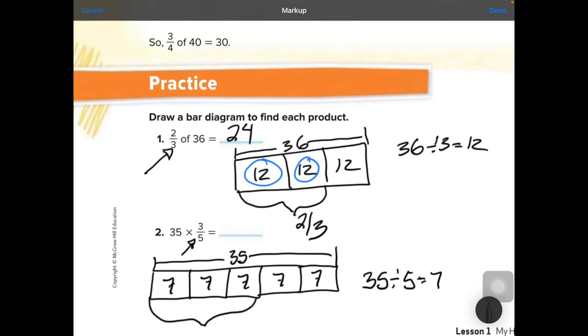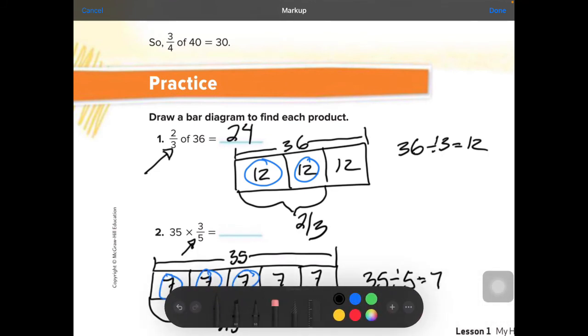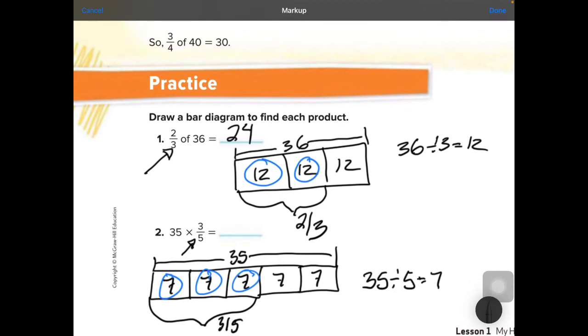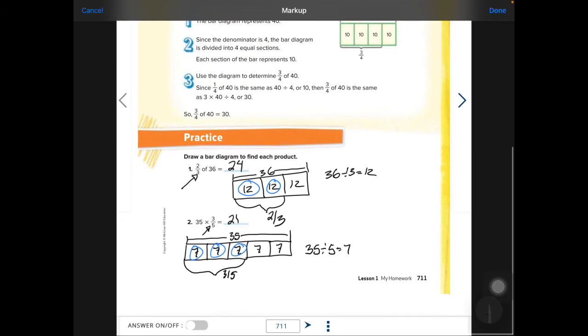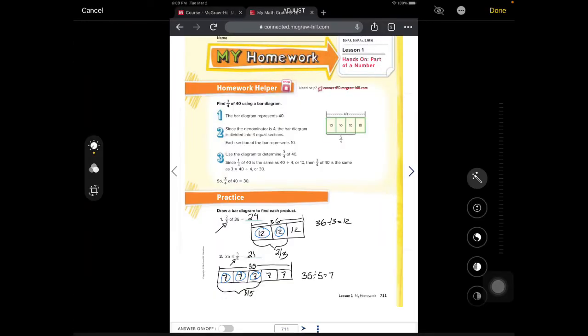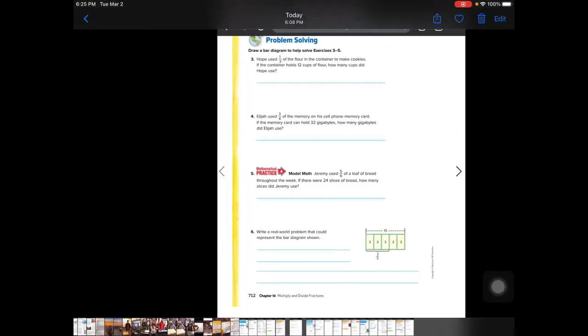We need to know 3/5 of that. So I'm going to add 1, 2, 3. That all added together, 3 times 7 is 21. And there's your diagrams and your answer.